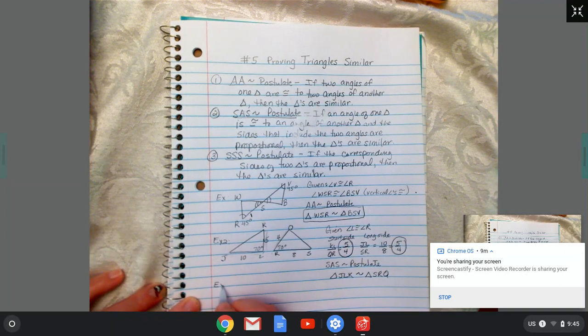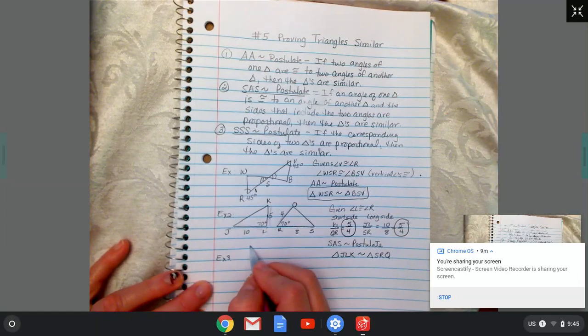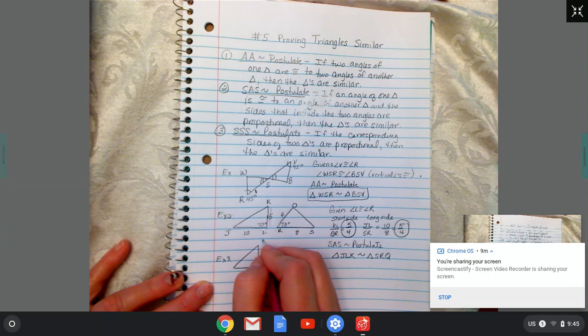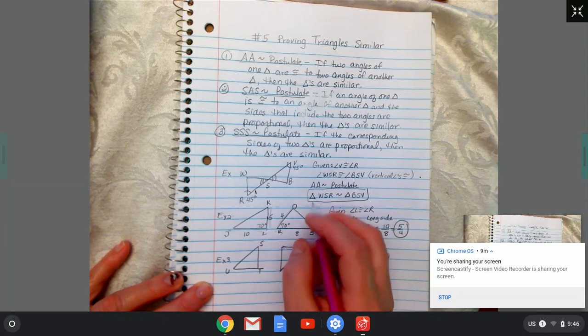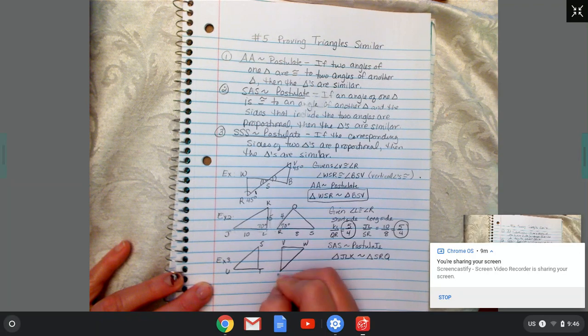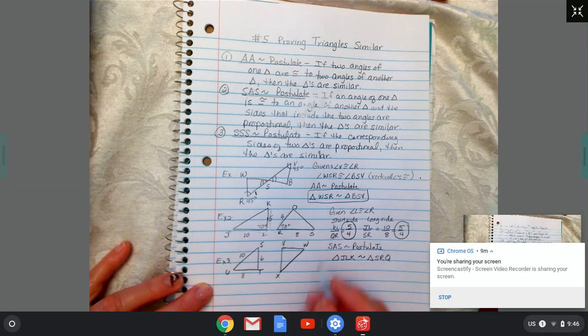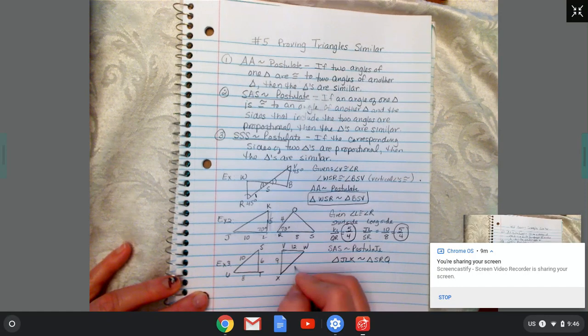Now, example 3. We have STU on this triangle. This one we have VWX. The numbers we're given are 8, 6, and 10, and 12, 9, and 15.